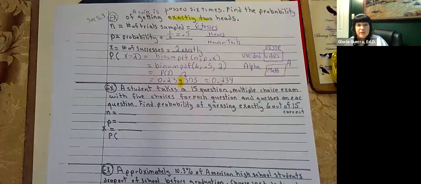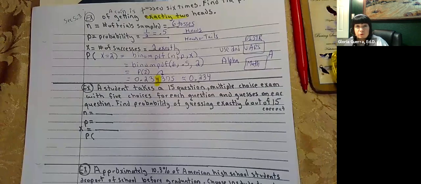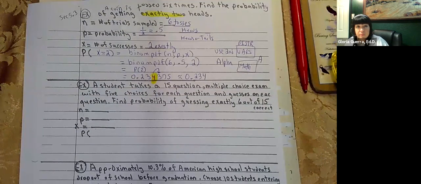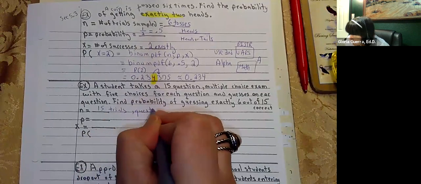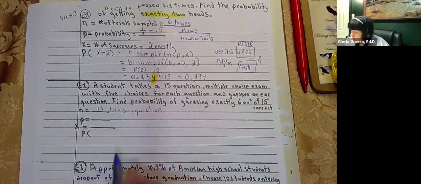Okay, a student takes a 15 question multiple choice exam. Okay. So for this one, 15 question, that's your trials, n trials. It has to do with your questions on the test. With 5 choices.